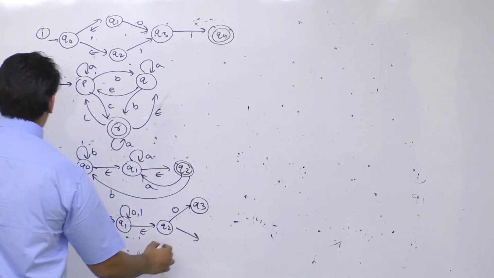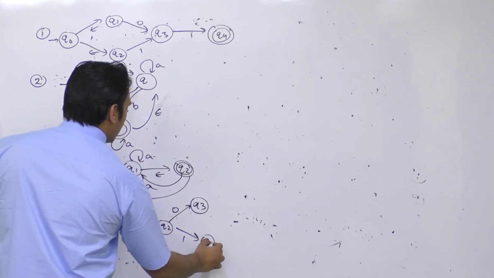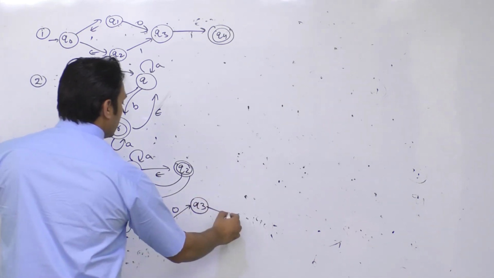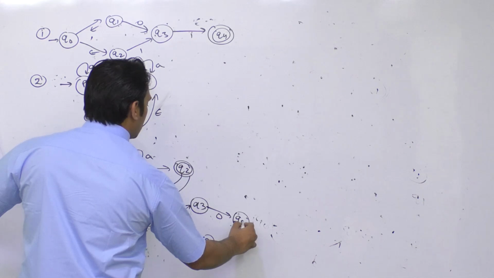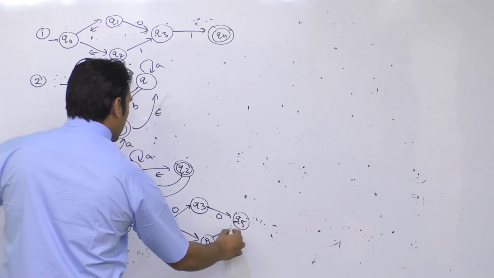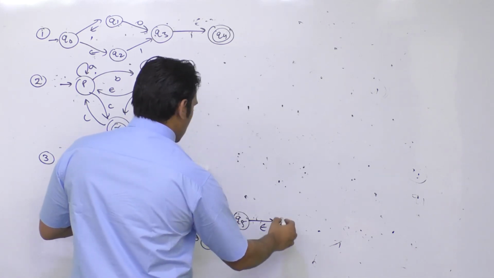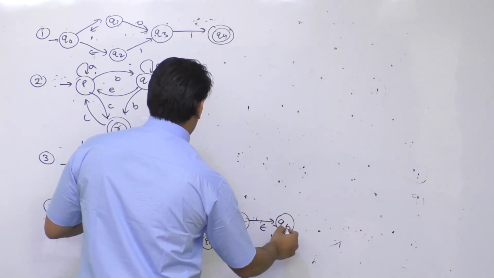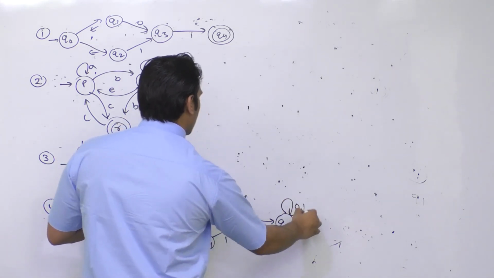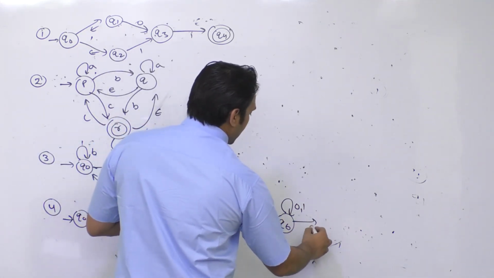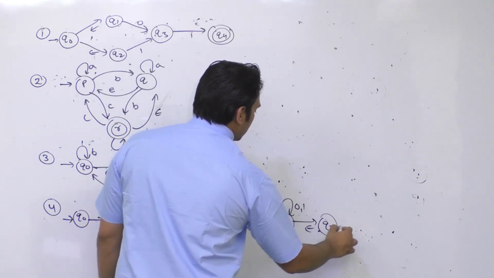By giving 1, I am going to Q4. By giving 0, I am going to Q5, and this is 1. By giving again epsilon, I am going to Q6. Here we have a transition for 0 and 1. By giving epsilon, I am going to Q7.